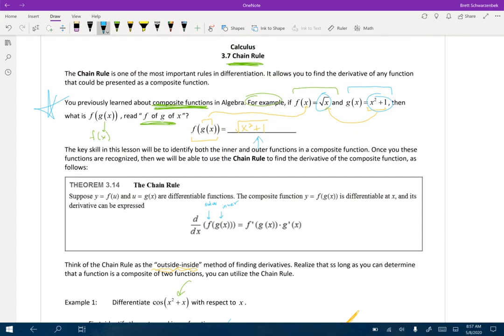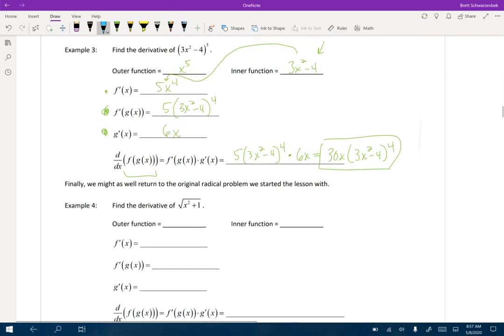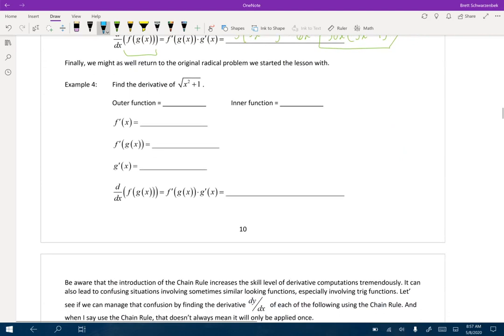We would get the square root of x squared plus 1. So what if we wanted to find the derivative of that? Let's take a peek. A radical is like a parenthesis. So the inner function is clearly going to be x squared plus 1, which means the outer function is, if you replaced x squared plus 1 with x, root x.